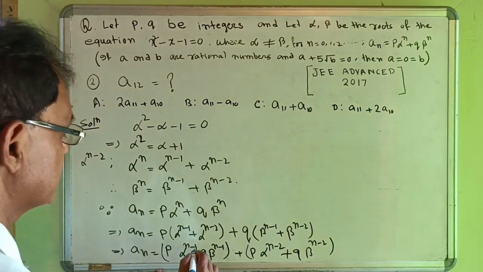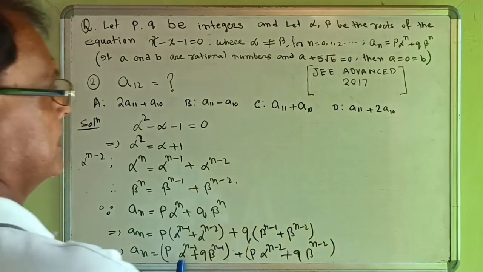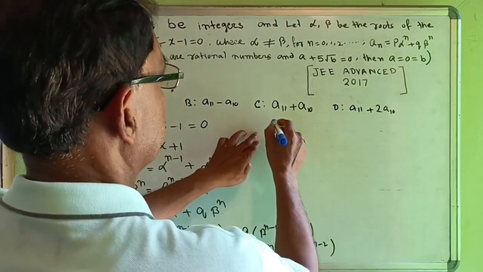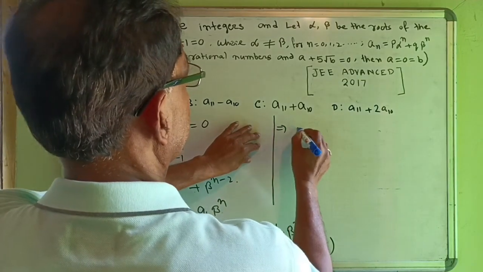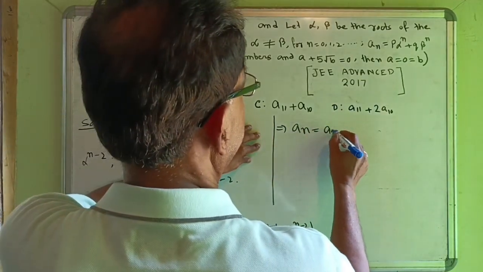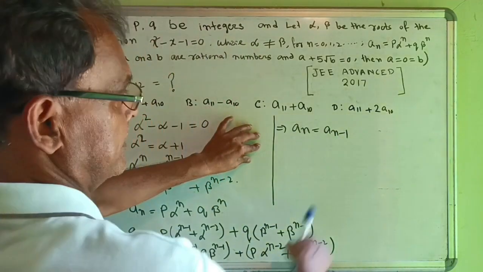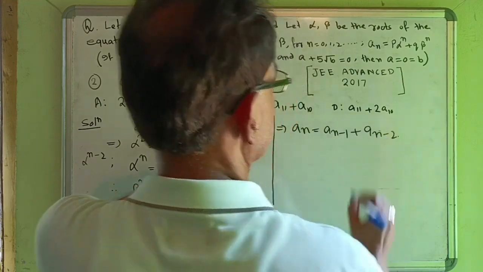This expression is like this, so we can write a_n equal to a_(n minus 1) plus a_(n minus 2).